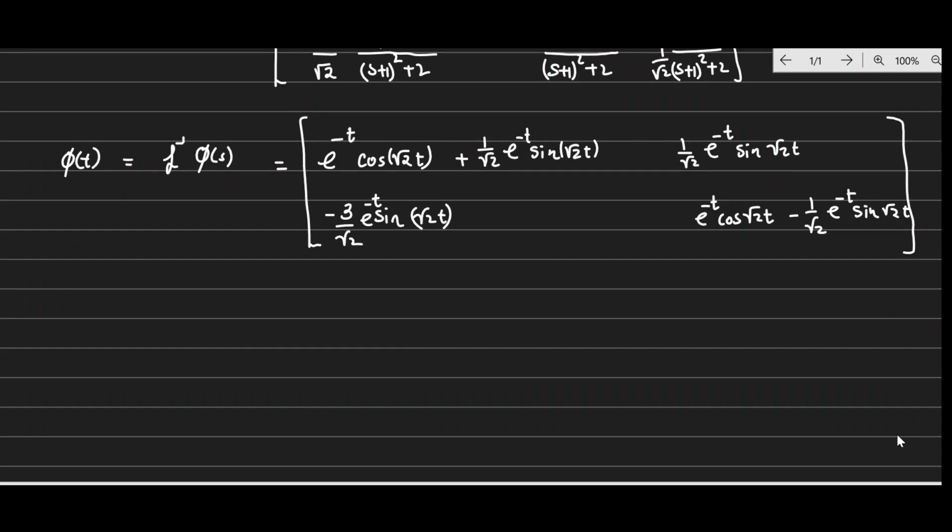Now to find the solution to this equation, remember we're finding x of t. x of t is simply equal to phi of t multiplied by the initial conditions, right? So let us multiply that.